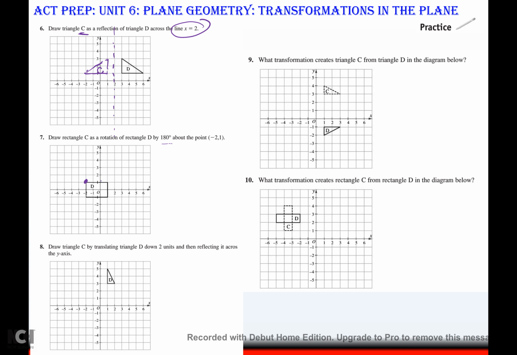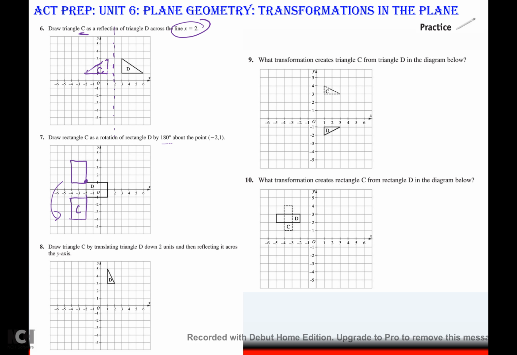If I rotated around that point, it would turn it up, which would make me have a height of 3 and a width of 2. And then if I reflect it down, that's going to be 1 above, so it's going to be 1 below, and it would be right there. Yeah, because it's at 180 degrees. Okay, just checking.